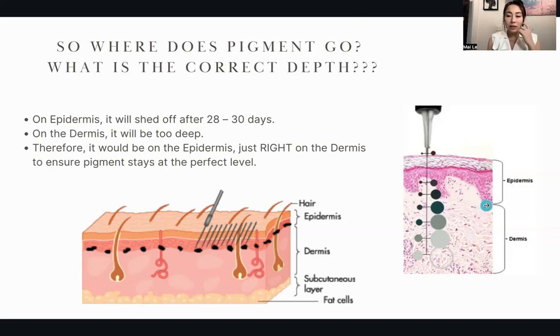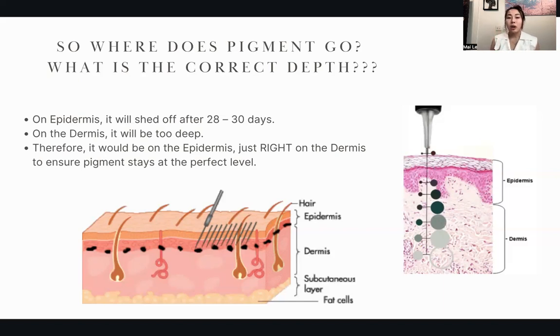The deeper it sinks into the skin, what you see is no longer the true representation of that pigment, but more like a shadow of it. Think of it like a deep pond. If you drop something and it sinks deeper and deeper into the water, all you can see is just the shadow. Same thing with the pigment.